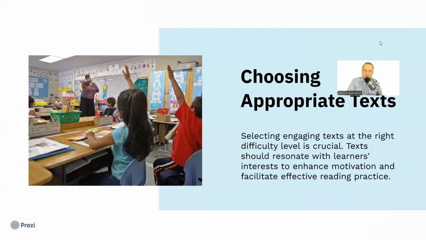Then we're going to talk about choosing appropriate text, which is very important. Selecting engaging text at the right difficulty level is crucial. Text should resonate with learners' interests to enhance motivation and facilitate effective reading practice. Let's look at the picture. I guess these are preschoolers.